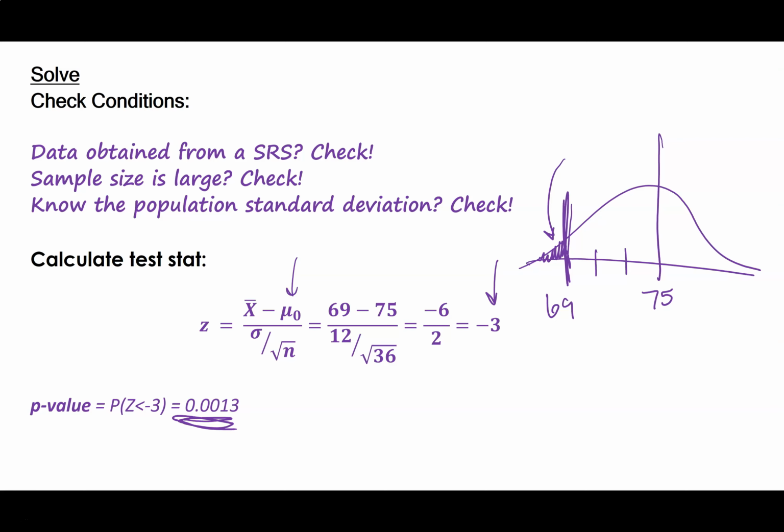So this is saying, if the average of all of these TA students is 75, like the rest of the class, the probability we would have randomly selected 36 of them with an average of 69 or lower would only happen 0.13% of the time. That would happen less than 1/2 of 1% of the time if this null were true, which is going to make me think, I don't think this null is true. It does appear that these grades are lower.